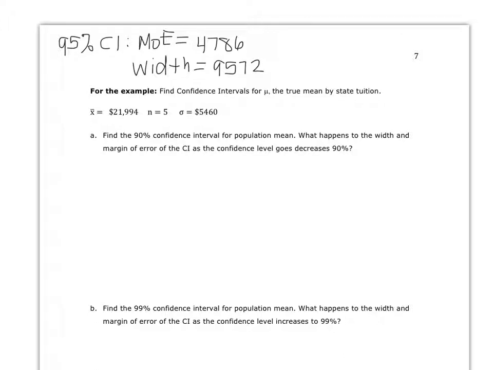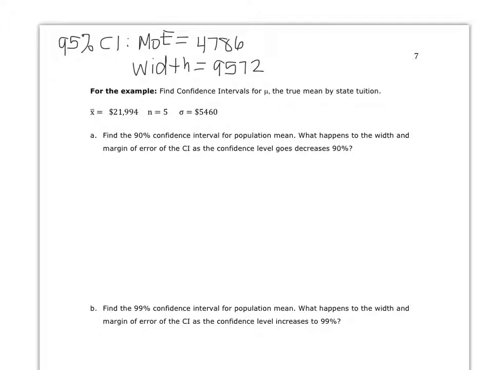Okay, so let's find confidence intervals for the true mean state by state tuition using these different confidence levels. So first we want to find a 90% confidence interval, and then we want to think about what's going to happen to the margin of error compared to the 95% and also to the width.